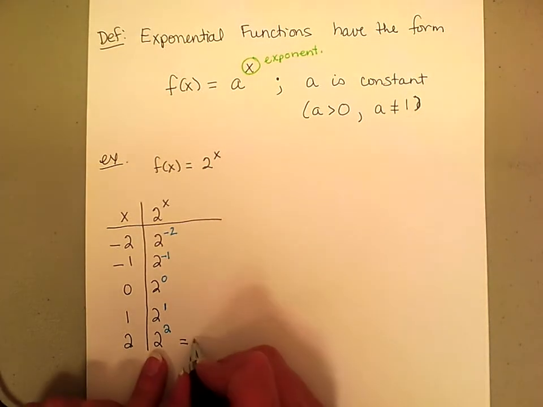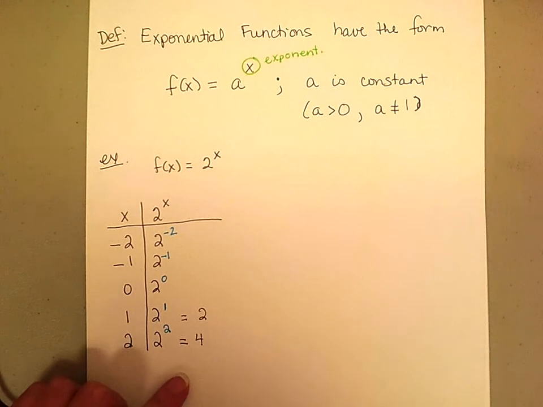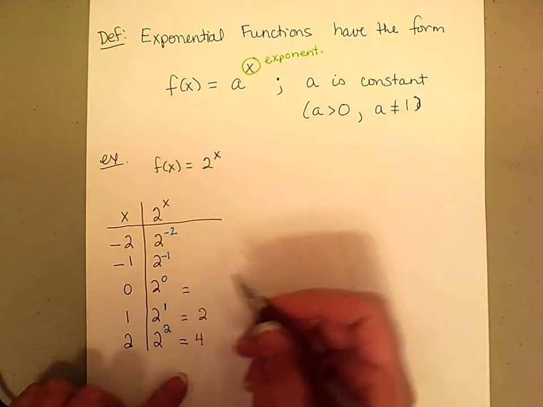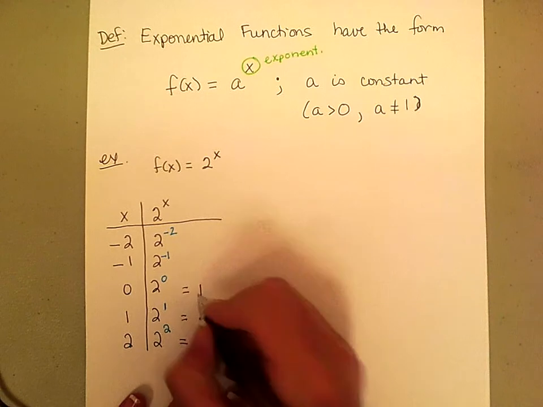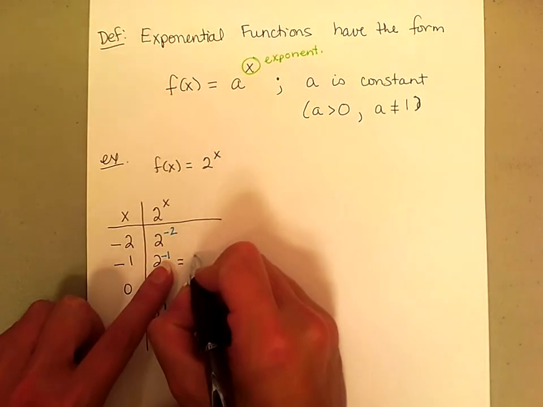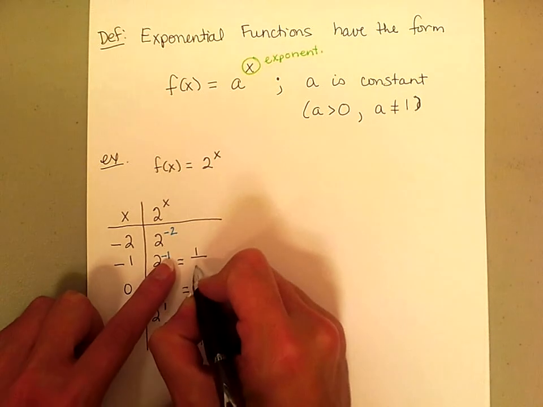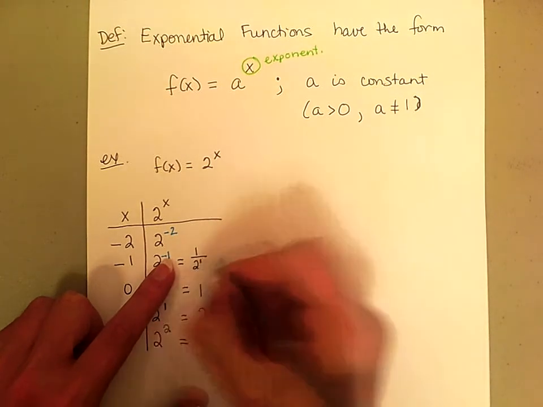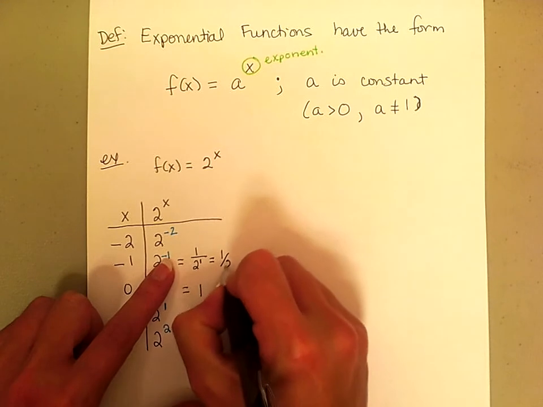Now 2 squared is 4. That's simple. 2 to the first is just 2. 2 to the 0 power, remember, anything to the 0 power is 1. And we may have forgotten about our laws of exponents, but I could write 2 to the -1 as 1 over 2 to the first, okay, positive now, and that equals 1/2.